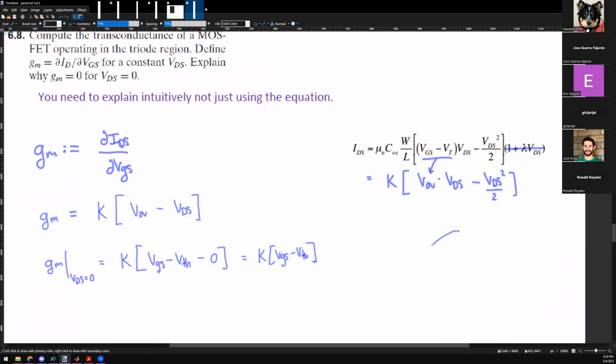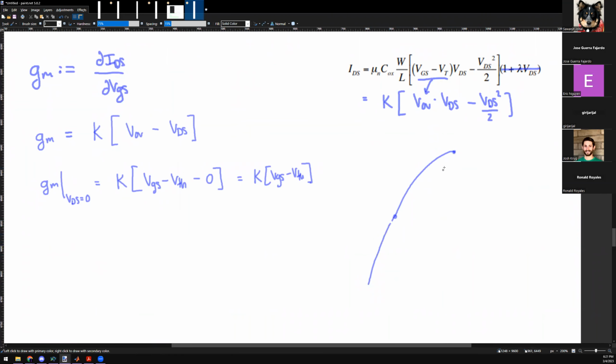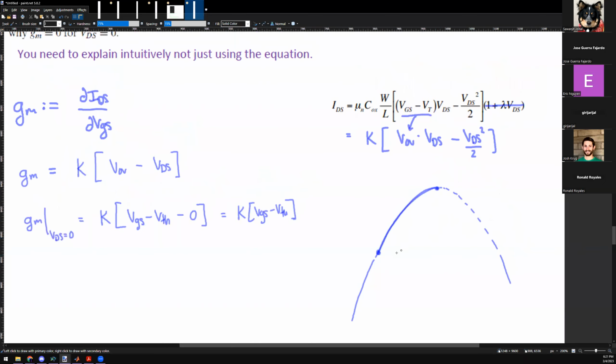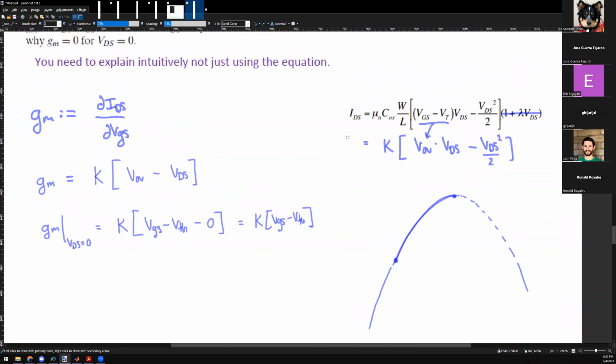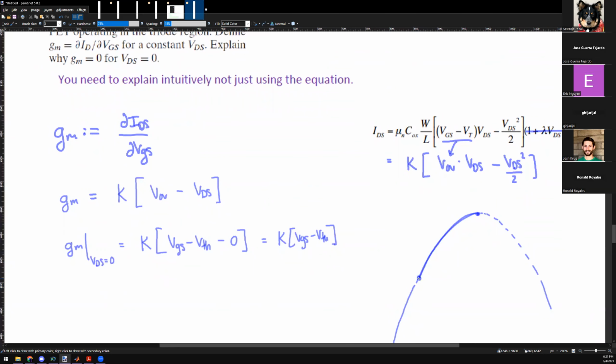This should look like this, right? And it's only applicable from here to here, but technically it extends downward, doesn't it? And this also extends down. It's a parabola, but between these 2 points is the only thing that's exposed in the real operation world. Let's say this graph here is IDS versus VDS, right?